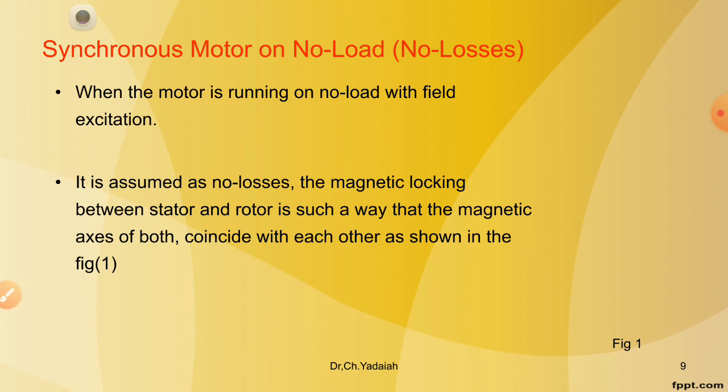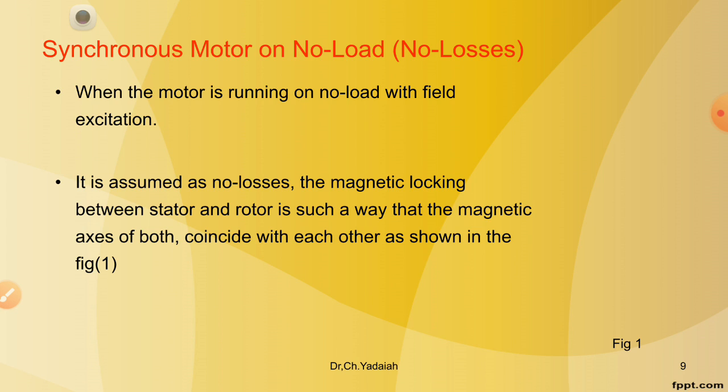Then we give DC supply to the rotor, and the stator field and rotor field interlock with each other. The motor is running. Now remove the external motor connected to our rotor. Our motor is under running condition, and we have not loaded the shaft.